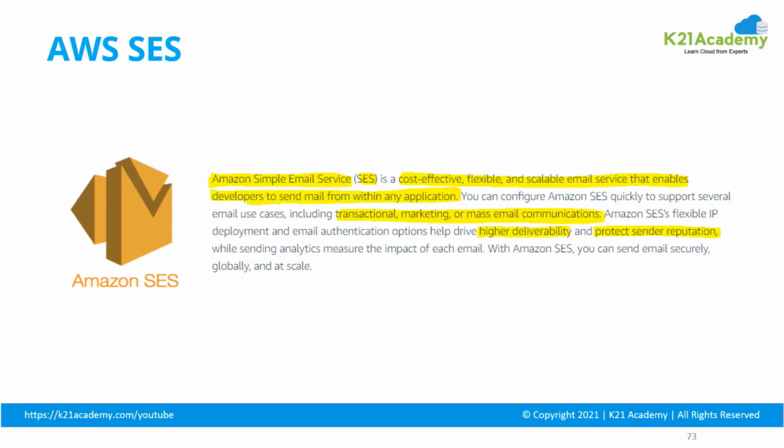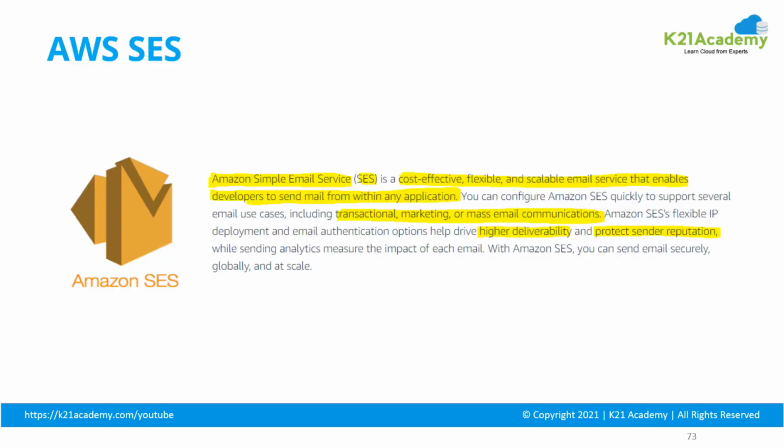Then you have Simple Email Service, which is for when you have to send transactional emails. Let's suppose you've provisioned a server and you want to notify the end user saying the server is ready, or you want to send bulk marketing emails. It can send emails out to thousands of users or subscribers.